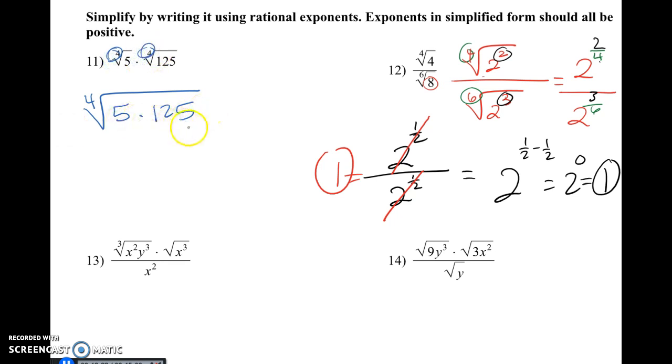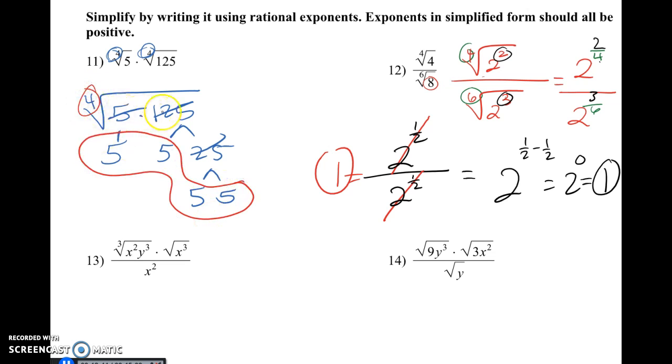And the benefit of writing it all under 1 is, well, this is 5, this is 5 times 25, and this is 5 times 5. So if I write them all under 1, and I'm looking for a group of 4, hey, under 1 radical, right, I have a group of 4. I have my fourth root here is 5.